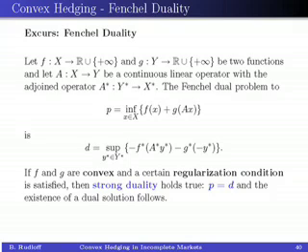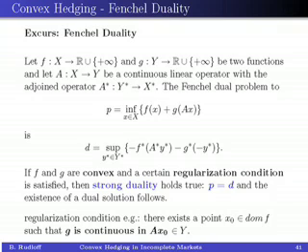Strong duality always means that the value of the primal problem is equal to the value of the dual problem, and that the supremum here is attained, so that we have a dual solution. One typical example of a regularization condition is that we need a point in the domain of the function f such that the function g is continuous at this point. So you see also why I needed the assumption on the risk measure to be continuous in at least one point. The reason lies in the regularization condition.